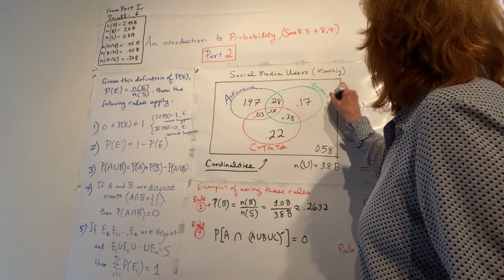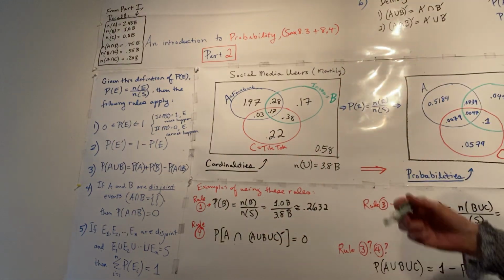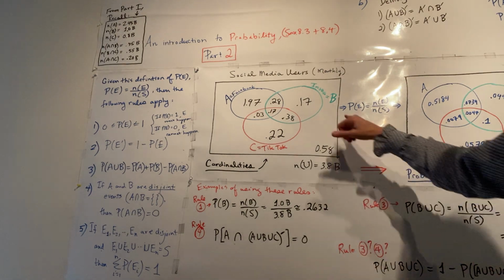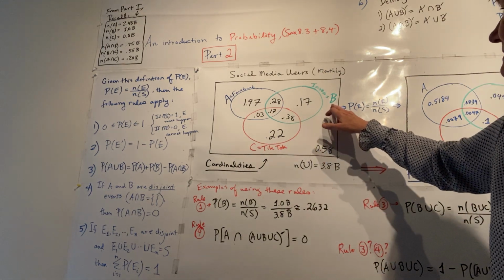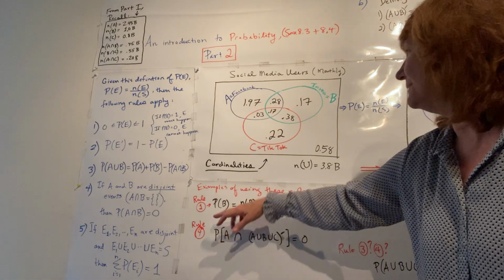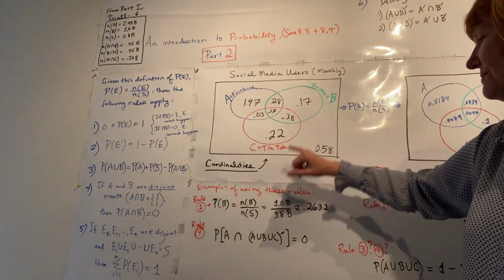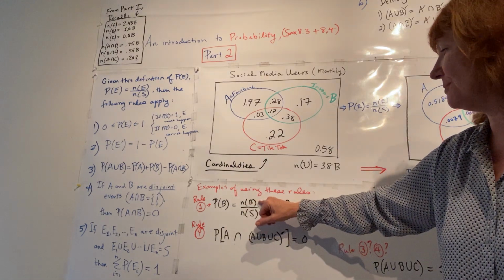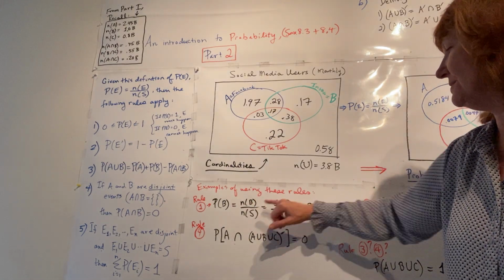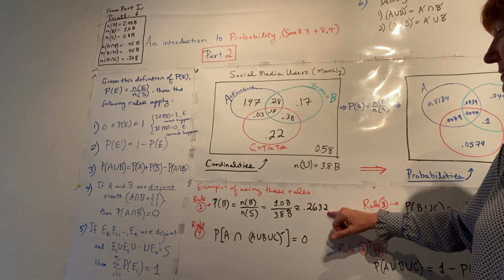Instagram, relabeling as being the set B for Venn diagram familiarity. So what's the probability of a randomly chosen social media user being an Instagram user? Well, it's the number of Instagram users over the total number of social media users, and that was 0.2632.